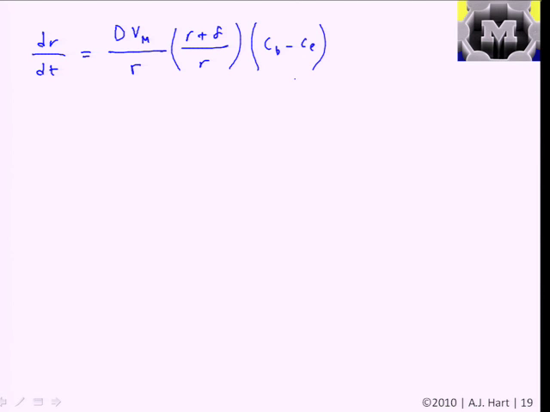If we collect terms from both sides of the equation, we get that dr by dt is equal to the diffusion coefficient times the molar volume divided by the radius times r plus delta divided by r multiplied by our concentration difference.